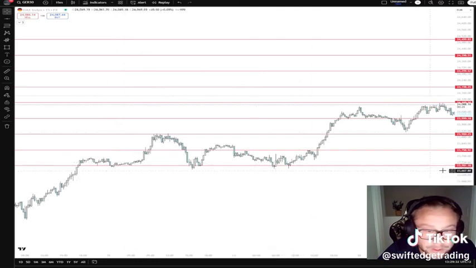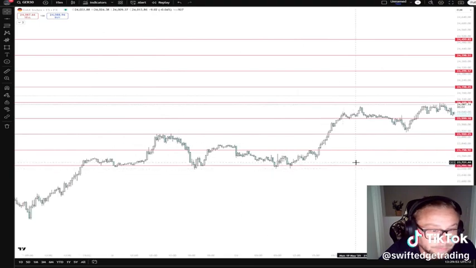We have the 23,700 level. This is our first major key level from this day that we chose, and we can see here they can't break below it, and this is our new reference point.